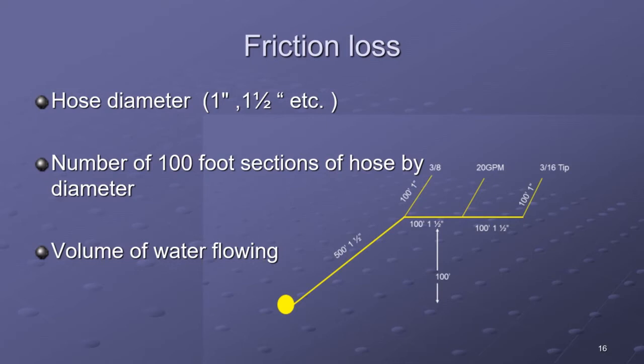And you need to make sure that's accurately portrayed in your map, your model, your diagram of the hydraulic situation. And you need to know what volume of water is flowing through each part of your hose lay. We'll break that down looking at it, and it should help. But you need to know all these factors to be able to calculate friction loss.